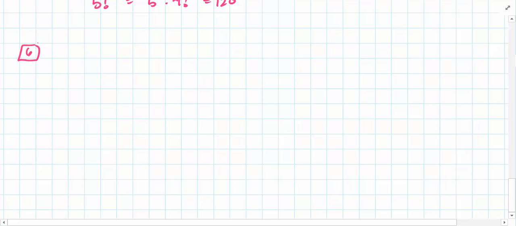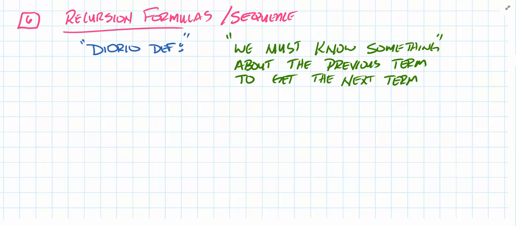Okay, let's move on and talk about the 6th thing, called recursive formulas. Here's my own personal definition. We have to know something about the previous term in order to get the next term in the sequence. That's what recursive formulas basically mean. Let me give you the most famous recursive sequence in history. The first term is a 1.